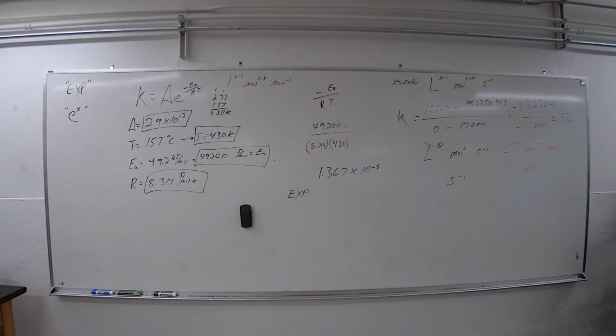I'm looking at my spreadsheet going, it's not coming out the same. 49200 divided by 8.314 divided by 430. 13. Okay. It took me 3 times to get the same thing my spreadsheet showed. Let's do it one more time.